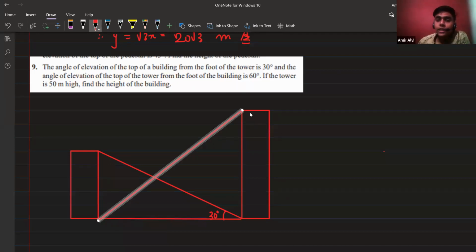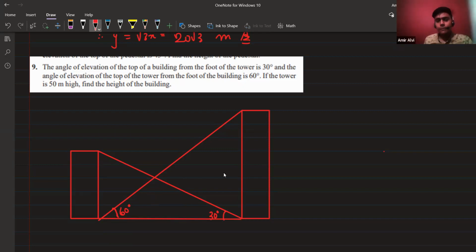Obviously, we are seeing a huge building, so the angle of elevation would be much greater. Yes or no? It's covering more angle, basically 60 degree. So it's the figure. Clear?